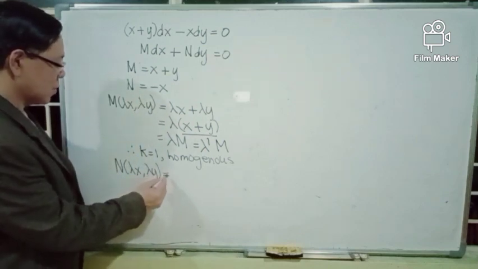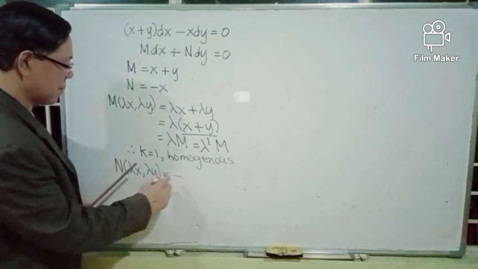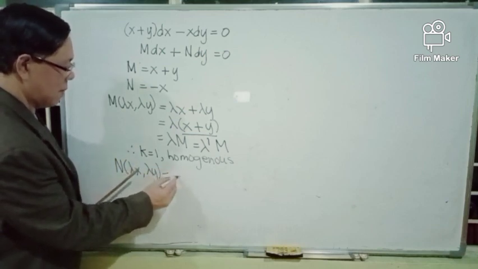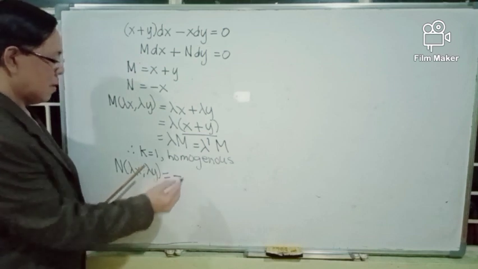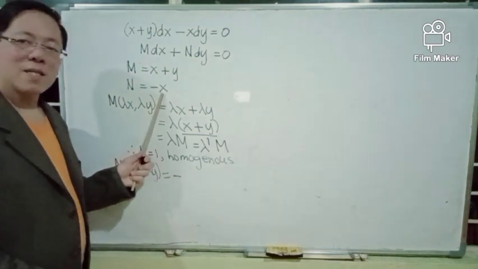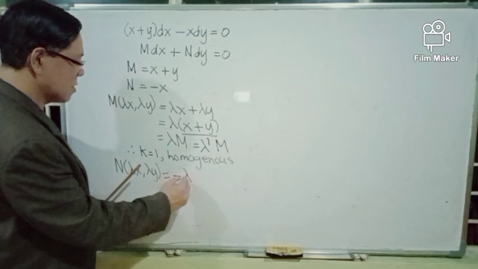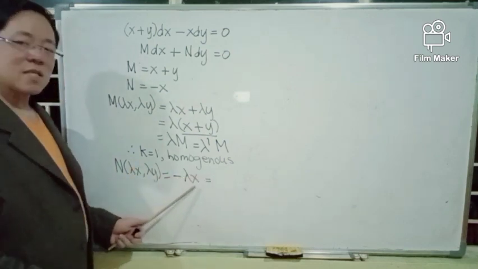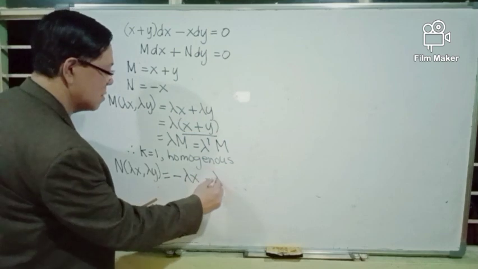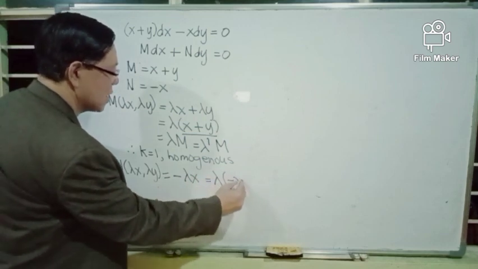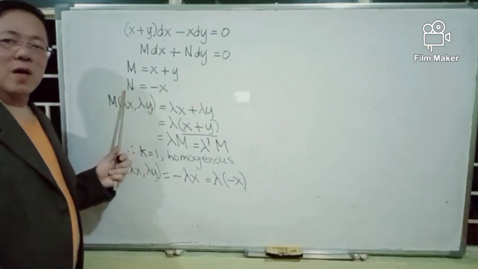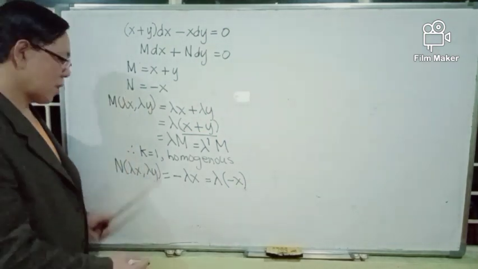This is equal to negative lambda x, which can be written as lambda multiplied by negative x. But negative x is equal to the function N of x y.